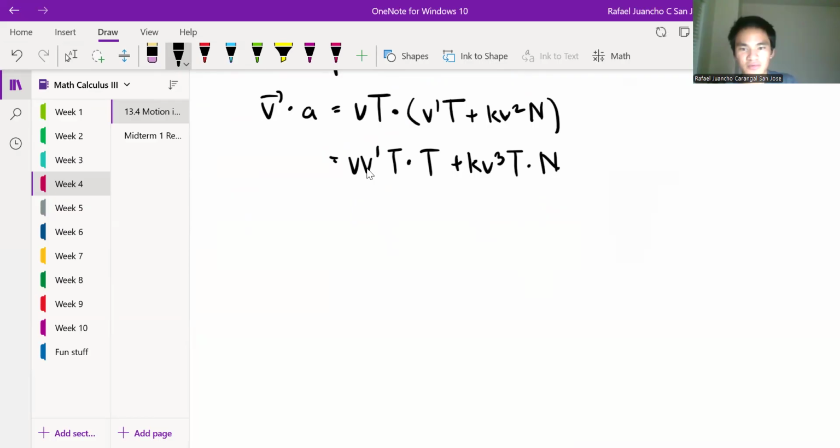Okay, and what else did we do? Well, this is now just equal to v v prime. Why is that? Because the dot product of our unit tangent vector with itself is just 1, right?